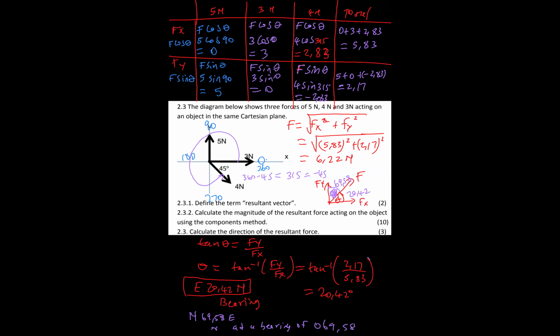At least before the comma we must have 3 digits. That is why we're saying 069,58. So this is the bearing. The other one is the positive x-axis direction.